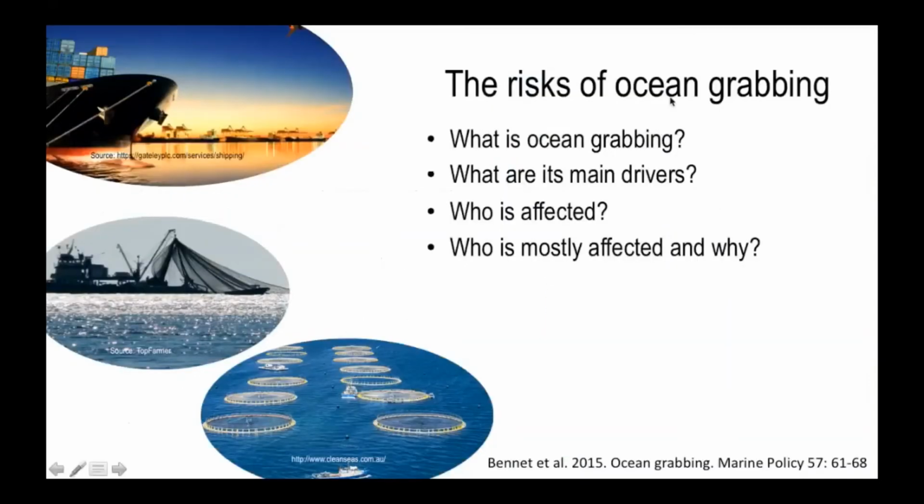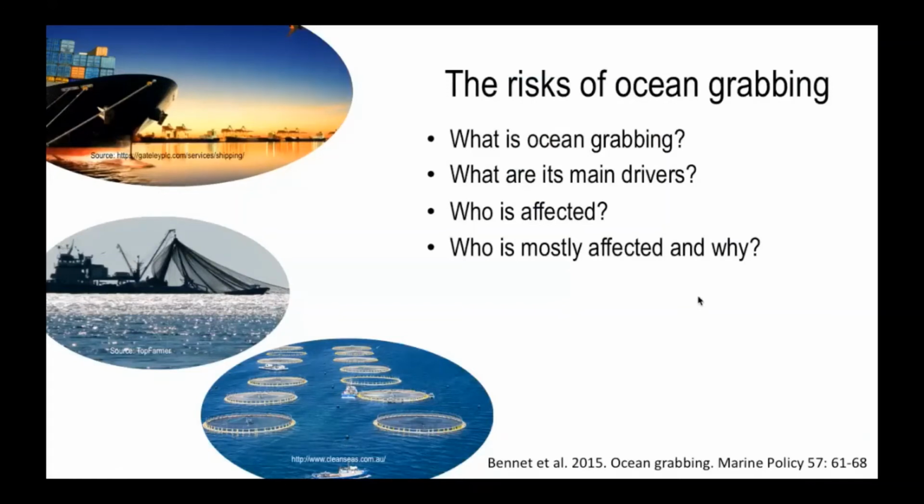And when we overlook this kind of shortcoming, we risk coming back to what we saw with land and conservation, with land and development, which is the risk of grabbing. This is a concept that came from land grabbing, for example, when people or companies appropriate parts of land that do not belong to them.